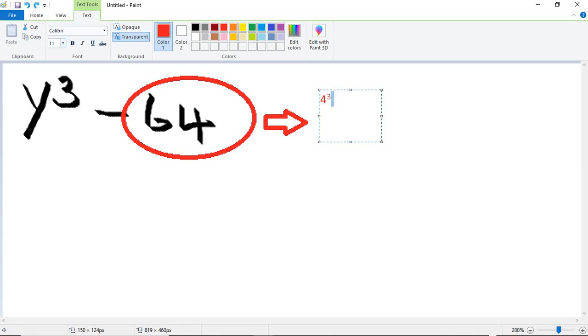Let me just maybe increase the size of this. Sorry, my PC is kind of slow today. Okay, it's not responding now, but please do pardon me a little bit.